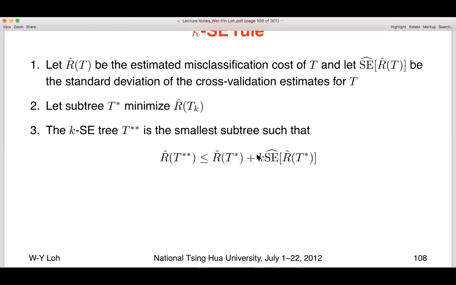If you set K to be 0, then the cost is equal to the misclassification cost of the smallest subtree, T star.